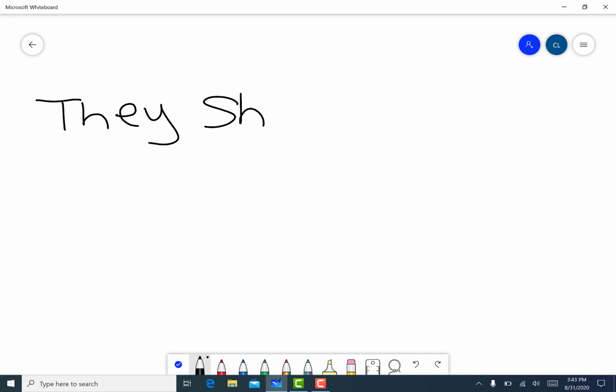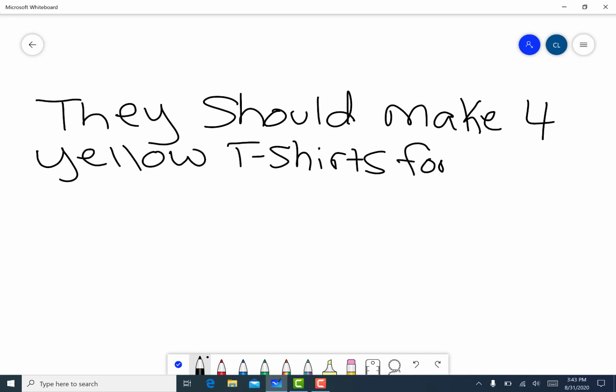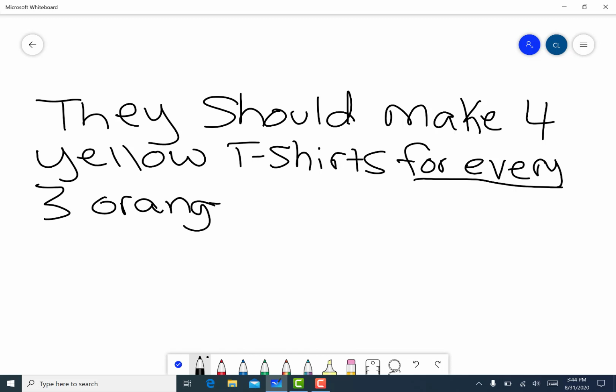They should make 4 yellow t-shirts, and you need to be writing this in there, for every, all right, and it wants you to underline those words or phrases that indicate it's an example. So I'm going to underline "for every" 3 orange t-shirts.